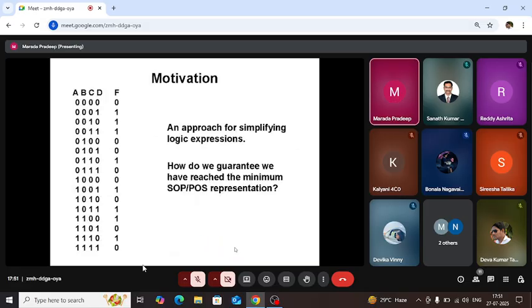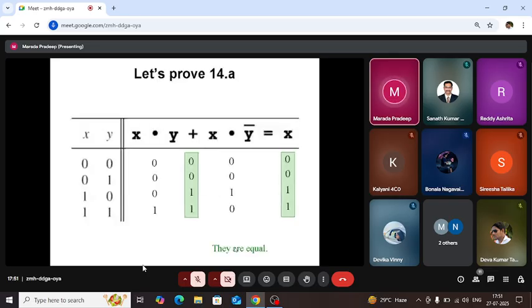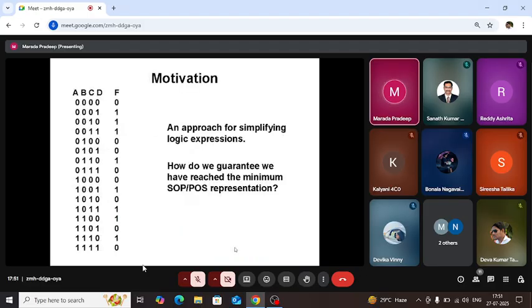This equation is very small, so we can easily simplify it. Suppose more variables are present. Here, four variables are present. We can build the equation using the truth table, but it's very time-consuming and difficult, and we have to apply so many laws.